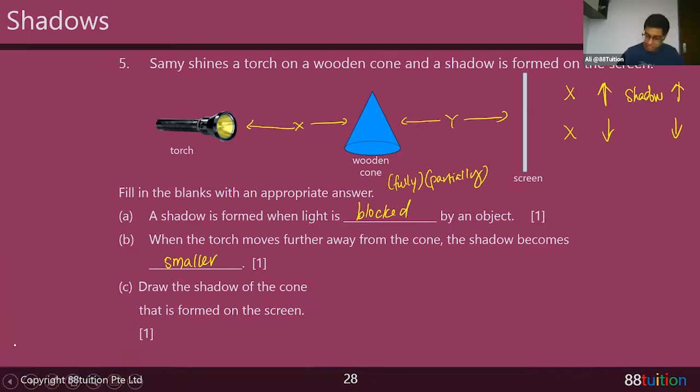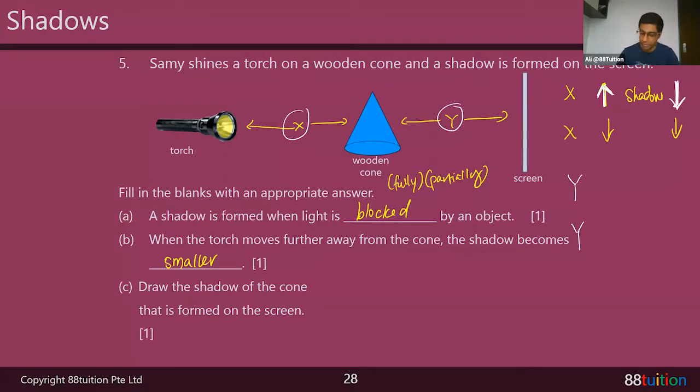Please pay attention. This is the important point. You need to write it down in your notes. What is y and x? The x I've just drawn here, the y I've drawn here. When y is longer, you can go to the reference point, check here. When y is longer, that means up here, longer. This means go up, then the shadow size also goes up. No, shadow size goes down. See, good, you noticed.